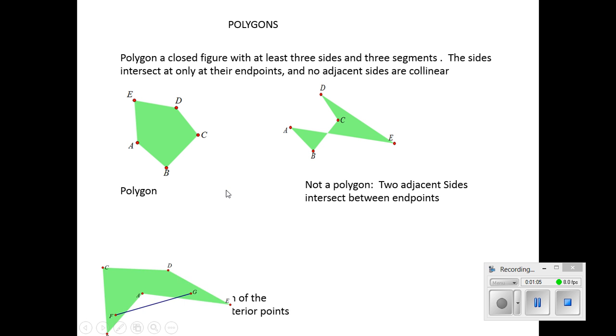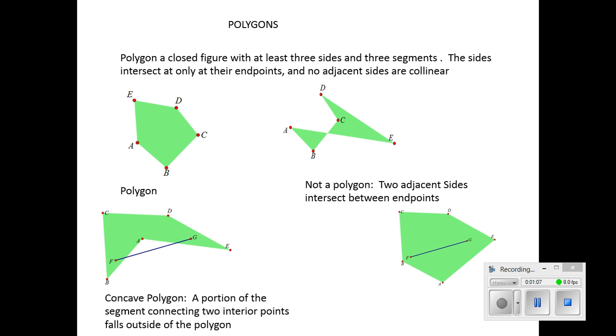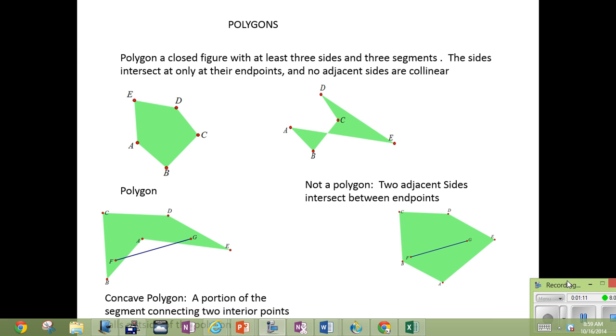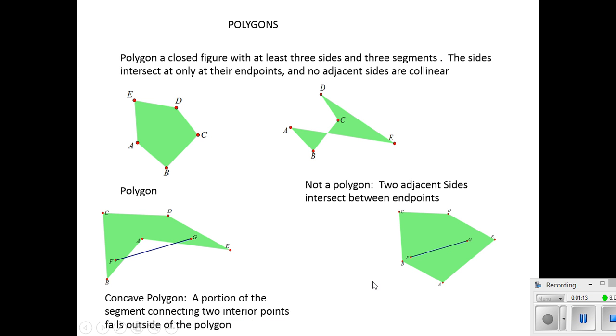Okay, we have what we call concave and convex polygons. Here's an example of a concave polygon, and it kind of caves in on itself. The test for concavity is to say, if I can take any 2 interior points and join them with a segment, and any portion of that segment is outside of the polygon, then it is concave.